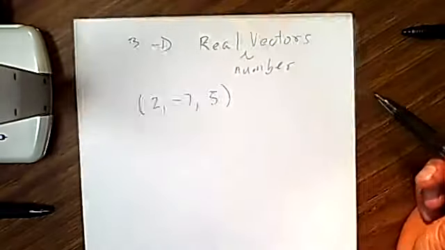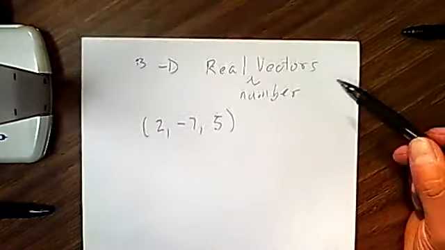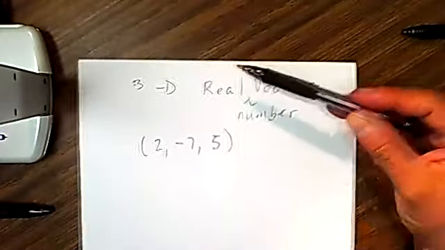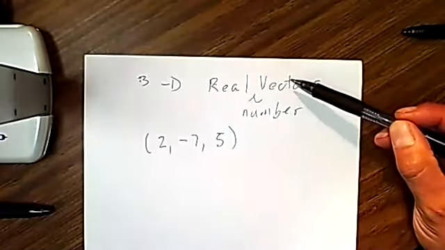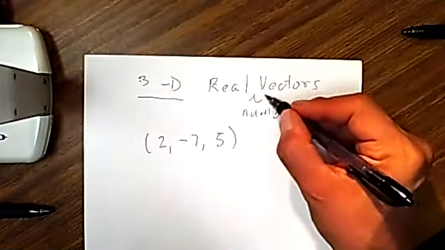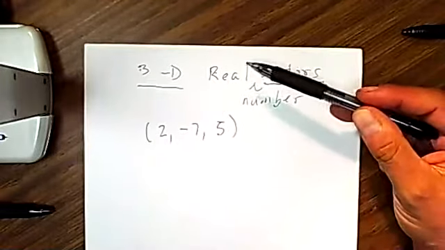So there is a three-dimensional real vector. Usually we don't say real number vector. It is understood that when we say three-dimensional vector, so 3D vector, we mean a vector whose components are real numbers.